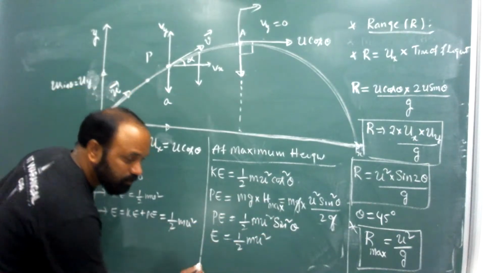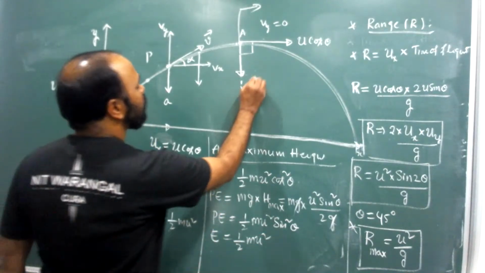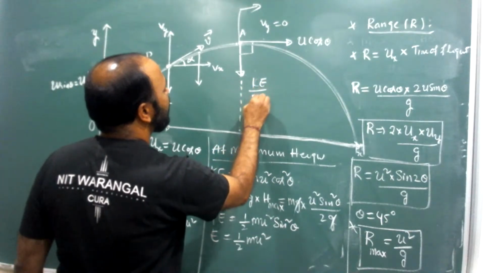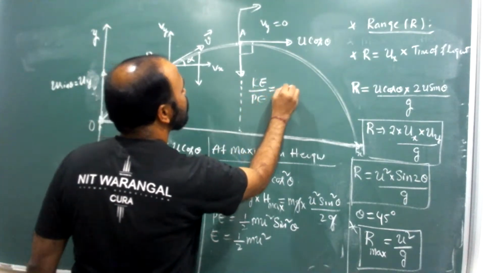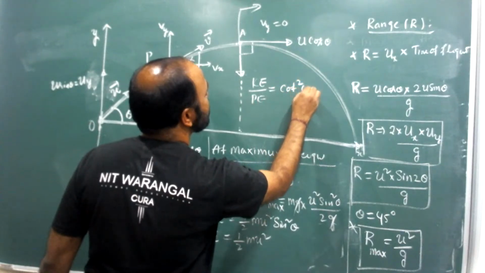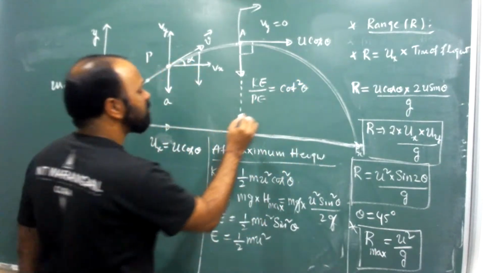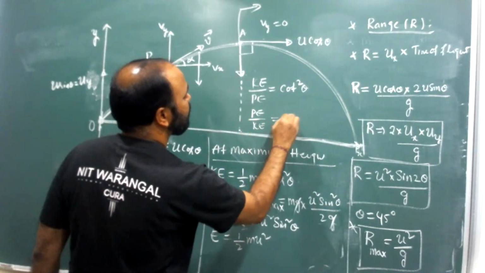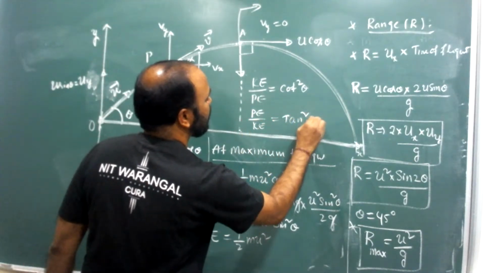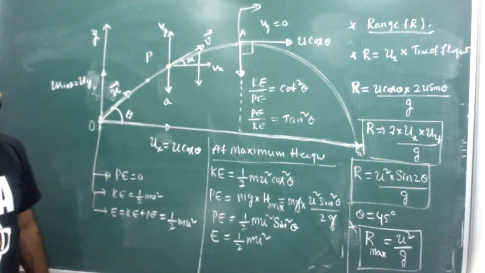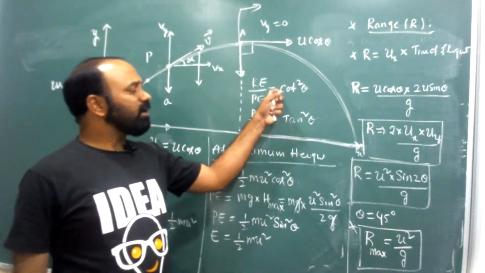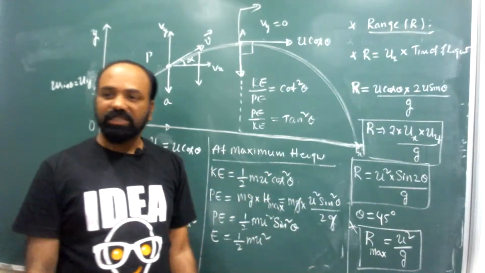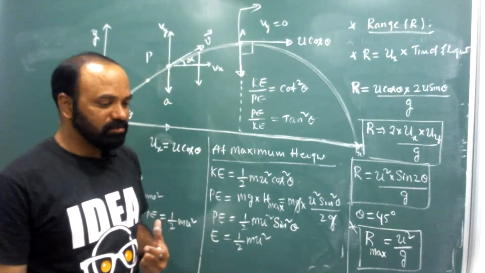So KE by PE is cot square theta. But if they ask in reverse, PE upon KE, we will get tan square theta. Okay, this is the formula. Based on this theta value, we can write the relation between kinetic energy and potential energy.